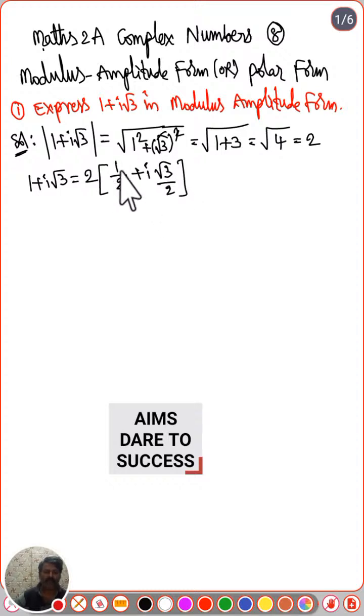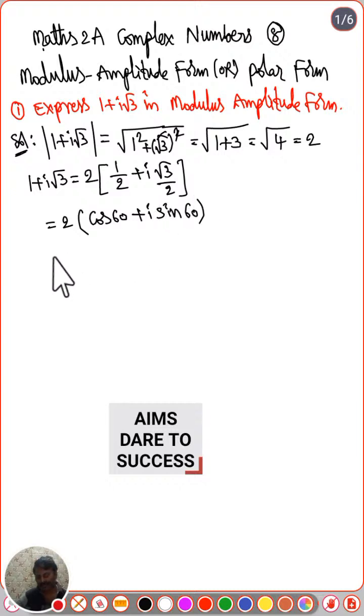This part you must write in terms of cos and in terms of sine. Modulus amplitude form or polar form is r into cos theta plus i sin theta. So that's why 2 into, in terms of cos, 1 by 2 value, cos 60, plus i into, in terms of sine, root 3 by 2 value, sin 60.